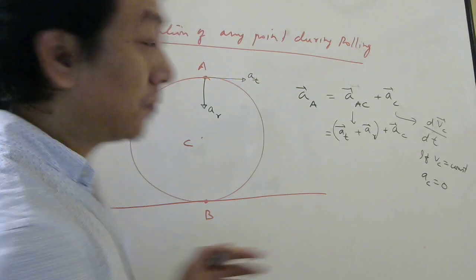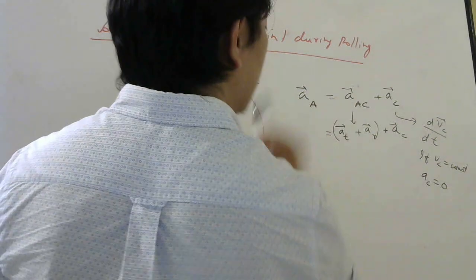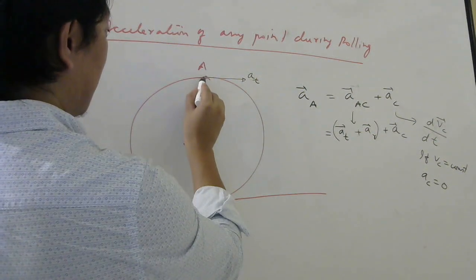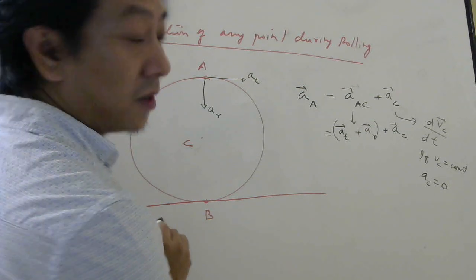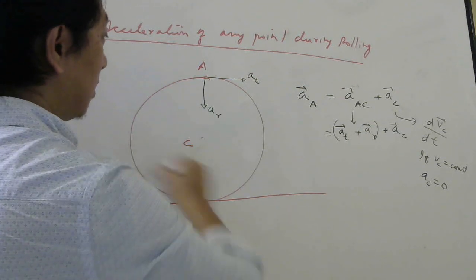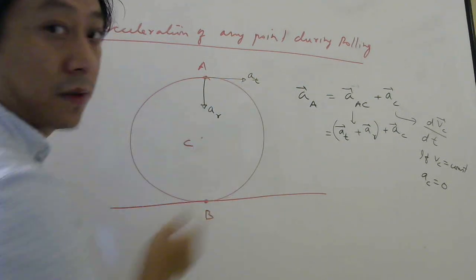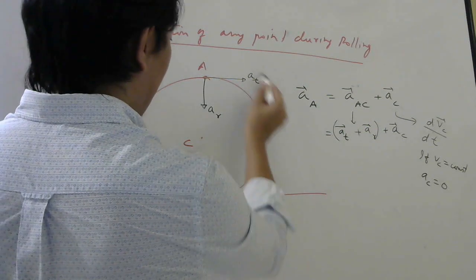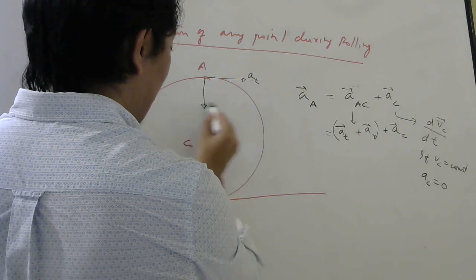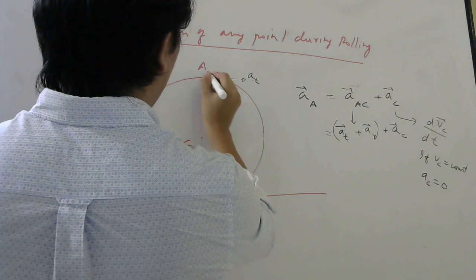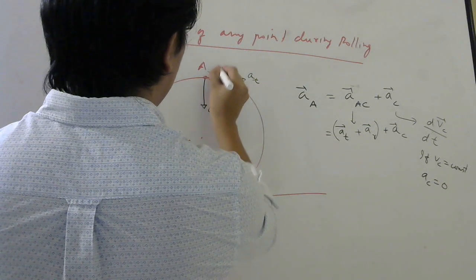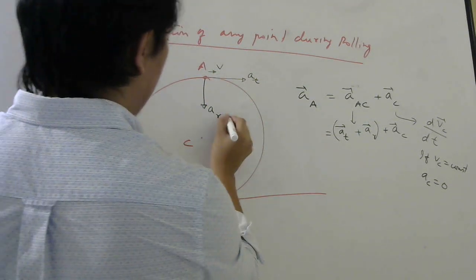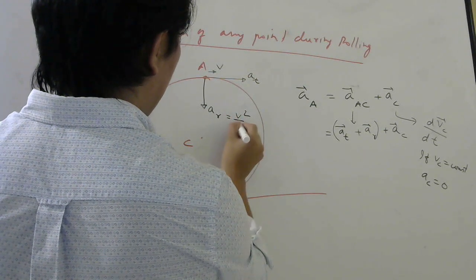Again, I am telling you, this acceleration is whose acceleration? Acceleration of any particle from center of mass frame. But in center of mass frame, everything is going round. Understood or not? So you have to add this tangential acceleration and centripetal acceleration. Now here, if velocity is v, this will be v square by r.